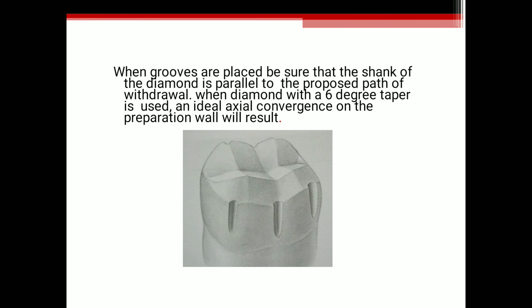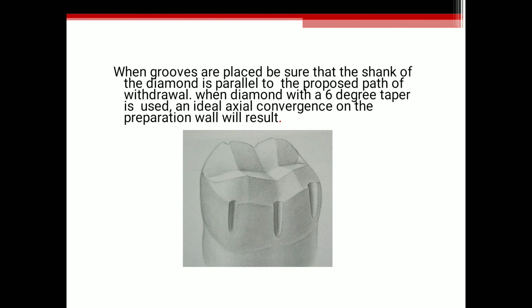You might have studied this in the principles of tooth preparation. What is the ideal taper? You don't get a 0-degree taper, so up to 6 degrees of taper is recommended. So see that your burr inclination should have less taper, that is 6 degrees.